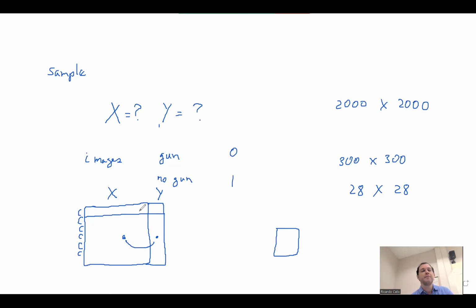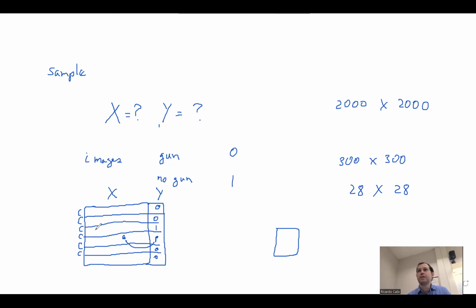I have an image here with no gun, another image here with no gun, then an image here with a gun, and an image here with a gun, and then finally, these two don't have guns. You see that? That's what the machine learning algorithm learns. It's the correlation.